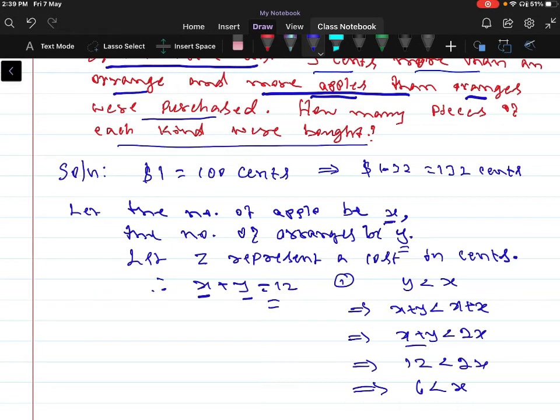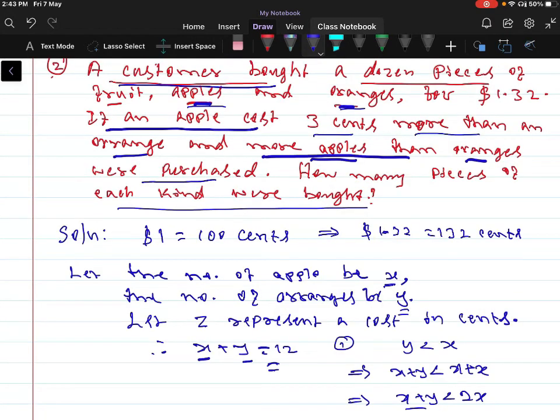So x is more than 6 here. Moreover, x is less than or equal to 12 also, because there are only 12 fruits. So we can write x is less than or equal to 12. Here we can observe that the total cost of the fruits, that is $1.32, dollars converted into cents. Therefore, the cost of the fruit is 132 cents.